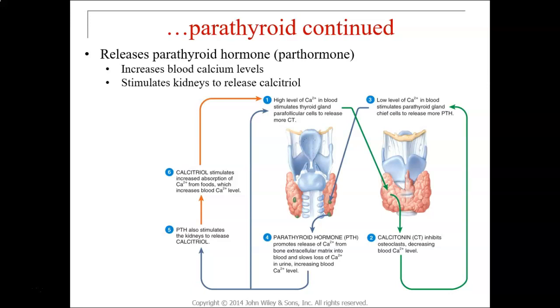When calcitriol is present, that stimulates the increased absorption of calcium from the diet. So the food that we ate, assuming it had some degree of nutrition, if the food we had has calcium in it, the presence of calcitriol literally increases how much of that calcium we actually absorb.